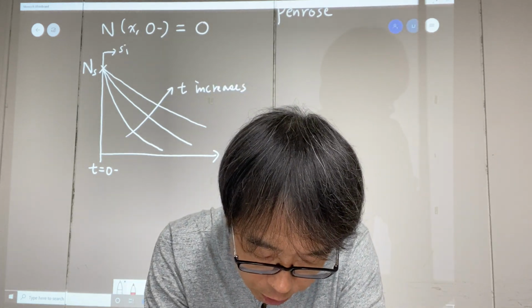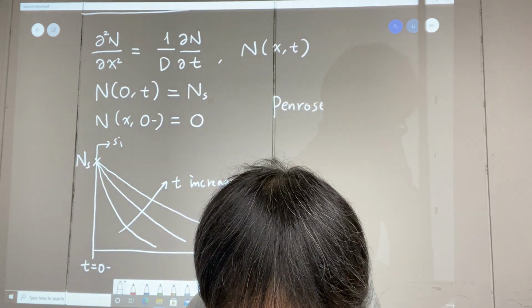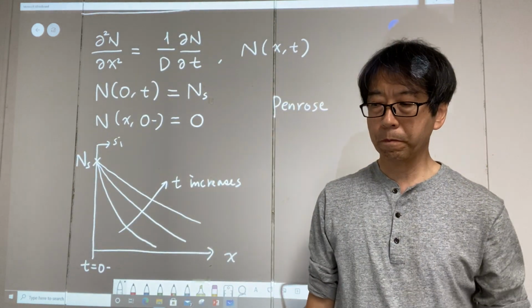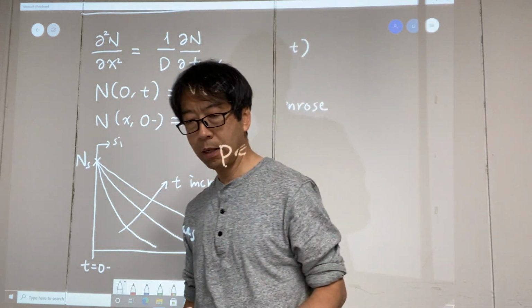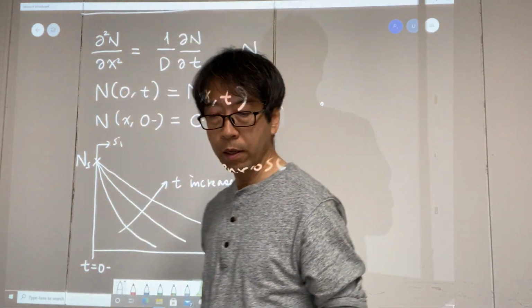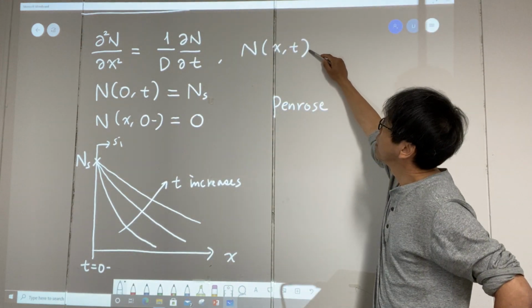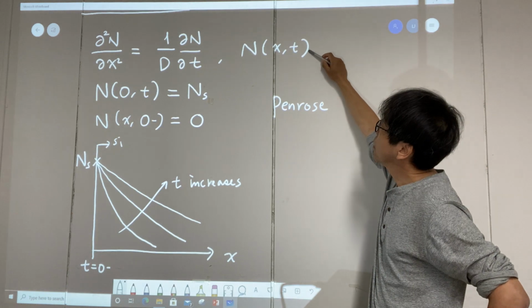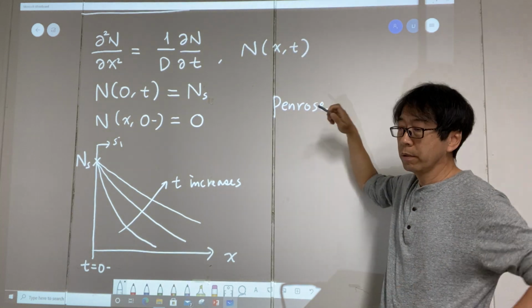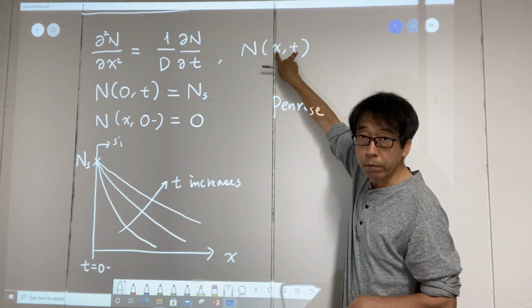Then what happened next? Just take a look at this equation, and people try to come up with a function that can be defined not by two variables, but by a single variable, by mixing these two variables.